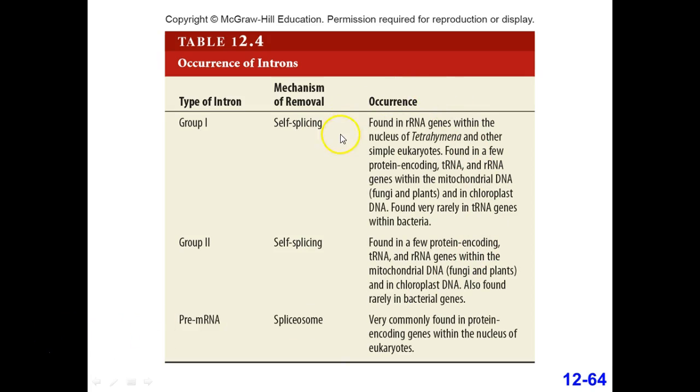So for the rRNAs, they're self-splicing in some eukaryotes. Found in a few protein-coding messenger RNAs, but also happens for the transfer RNAs, the ribosomal RNAs, within the mitochondrial DNA for fungi and plants, and in the chloroplast DNA.